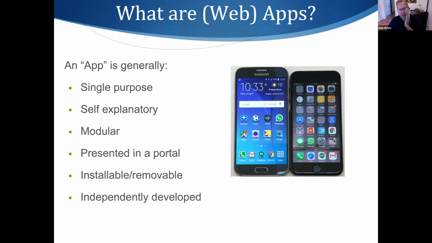And the developer doesn't have to have the full access and knowledge of every other app on that phone in order to develop her app or his app. So these are the characteristics of an app. I'm sure there are other ones, but these are the 6 most common characteristics, I think, of an iPhone app or a tablet app.